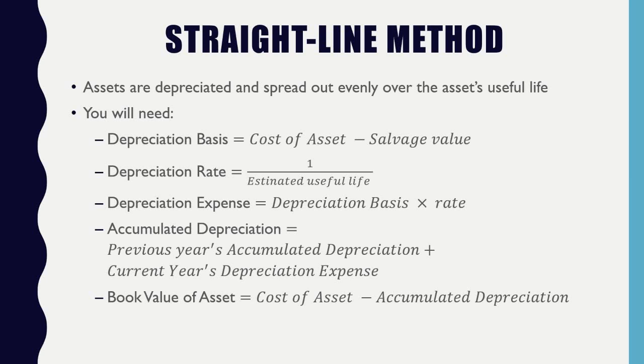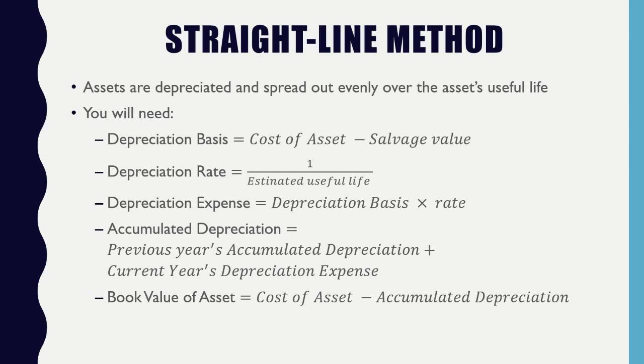It's a combination of both methods that we learned, right? It's a combination of units of production and also of double declining. Okay, so let's review again. It literally is going to be your total cost of the asset and you're going to spread it evenly across its useful life, right? So how do we determine the depreciation basis?